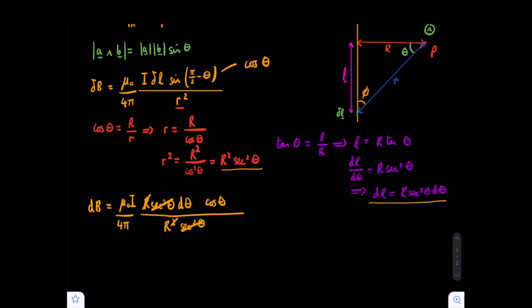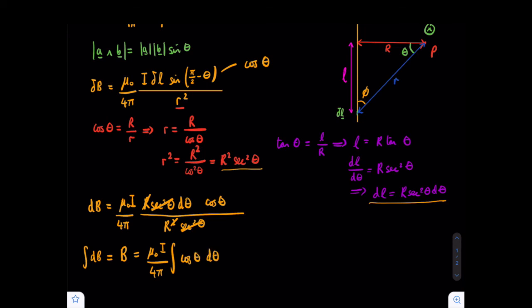So let's integrate both sides. Integral of dB, the integral of all the magnetic field elements from each of the little dl elements which has current flowing through will just be the total magnetic field, and we'll denote that as B. And that is equal to, let's put the constants on the outside, mu naught I over 4 pi, integral of cos theta d theta.